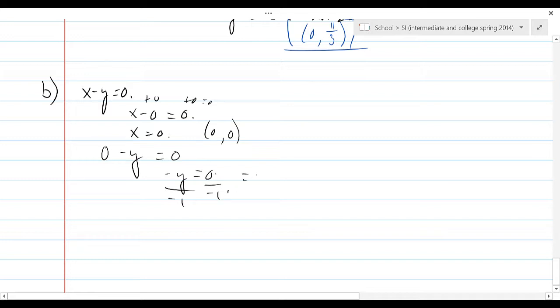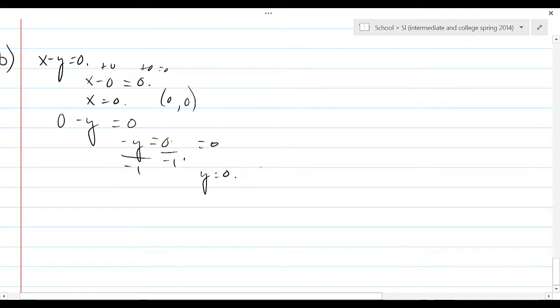Well, that's 0. So we've got y equals 0. And so what's the point? Well, for any y-intercept, the x value is 0, and this is our y value, so that's 0. So that's our y-intercept and our x-intercept.